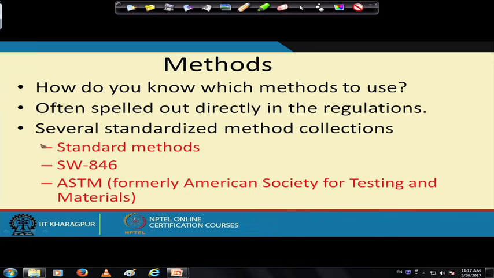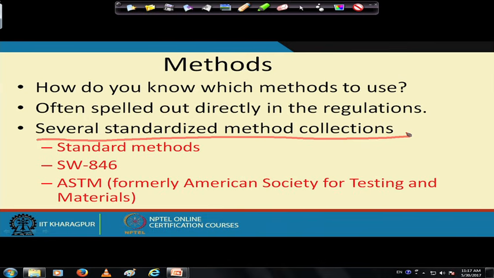As a researcher or as a student, if you're working on your master's thesis, PhD thesis, even a BTech project, you will do a literature review, so you will know what methods other people have used, so that you can use similar methods and compare your data with their data.